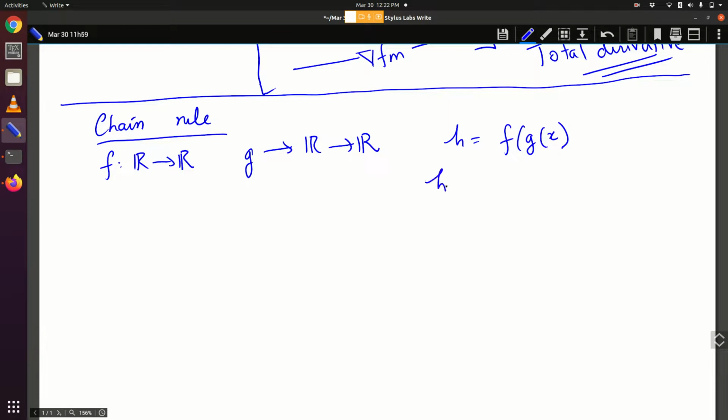So h is also a function from R to R. This is composition. It is composing two things one after the other. Now, what is dh by dx?